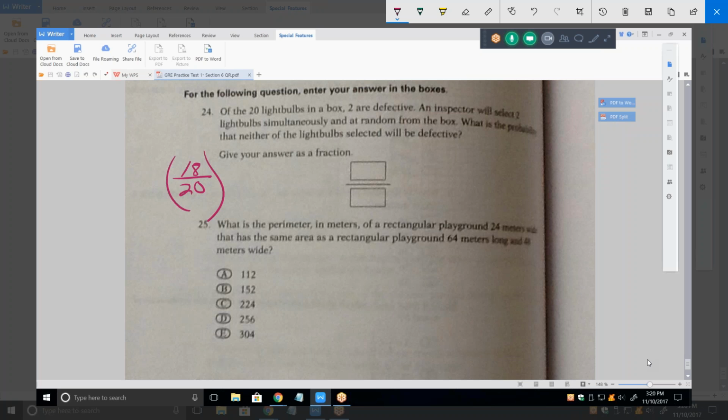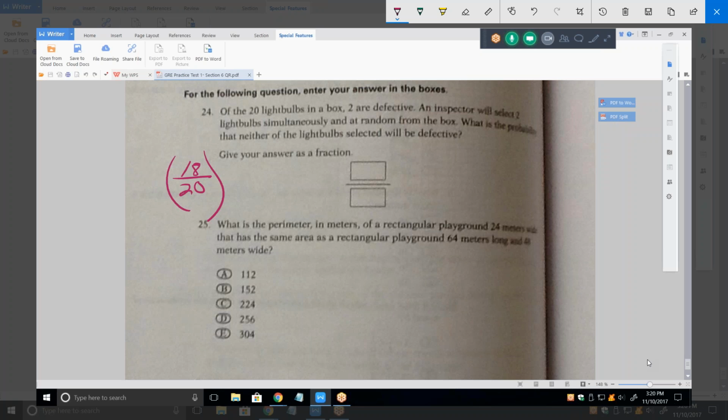Right. Now, the second bulb. Once he's taken one bulb and shown that it is not defective, and that is a requirement for this answer, now you've got 19 bulbs left. How many are defective? Well, if it's not, there still are 2 defective, right? Exactly.